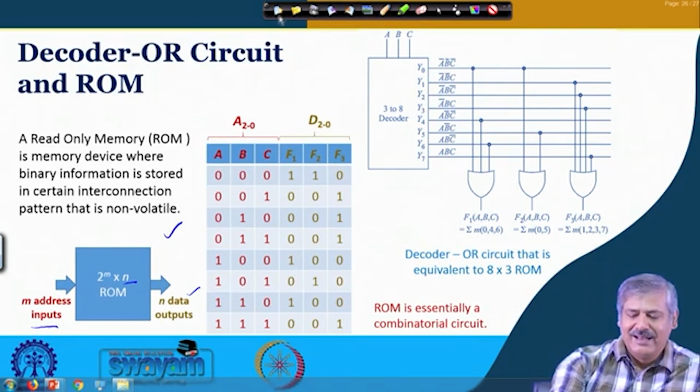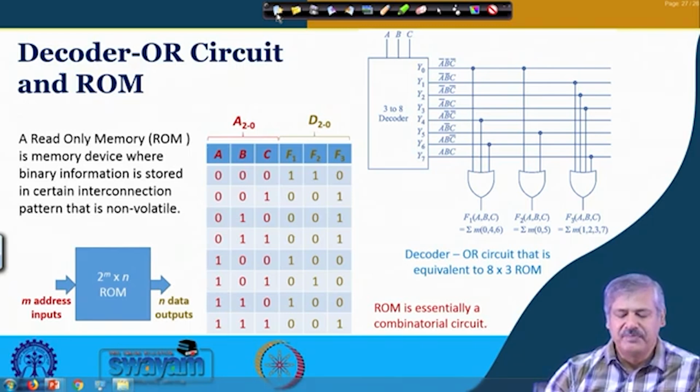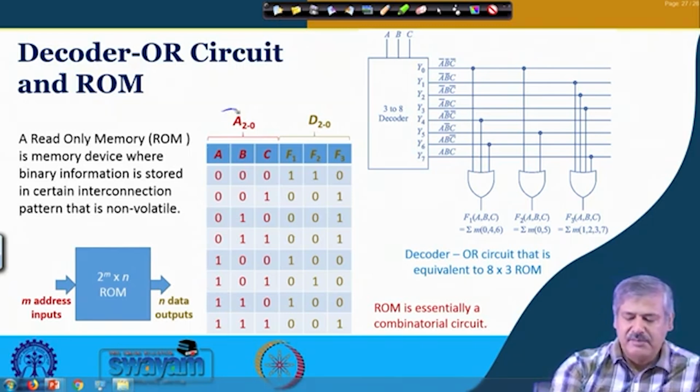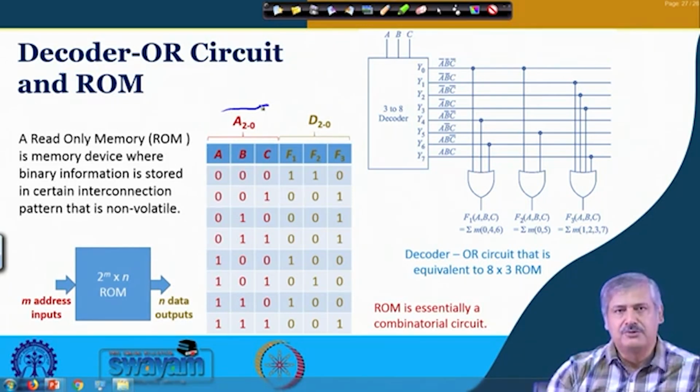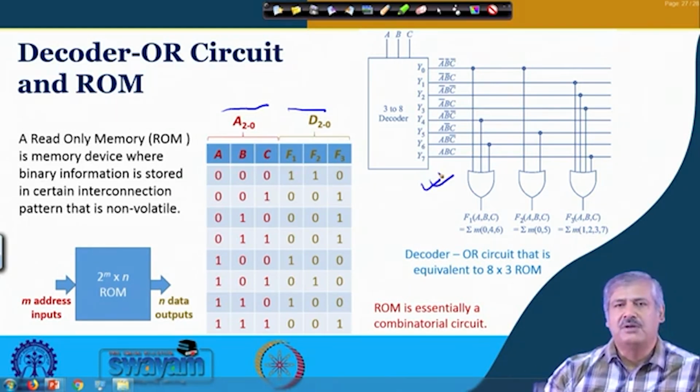Let us see the similarity with the decoder OR paradigm circuit. We consider a 3-bit address A2, A1, A0 and 3-bit data. This circuit that we see over here, I have taken from our earlier discussion of the decoder circuit in the combinatorial circuit discussion, somewhere in week 4 or so.